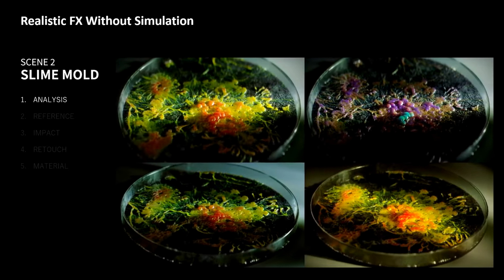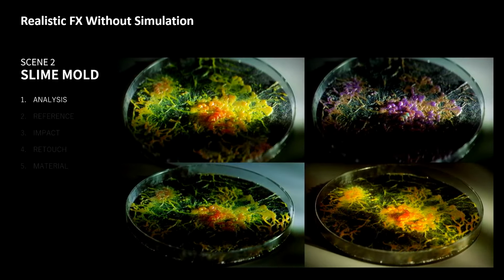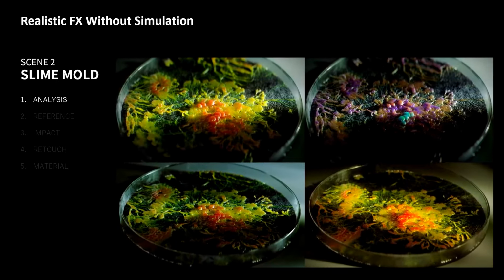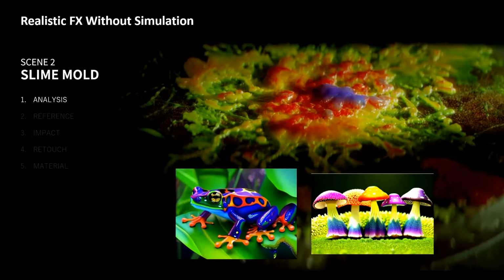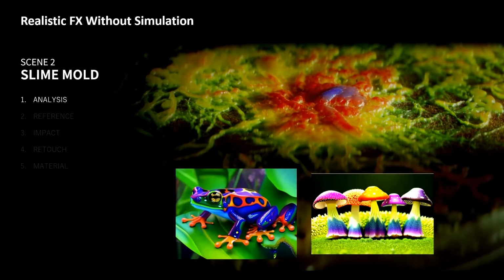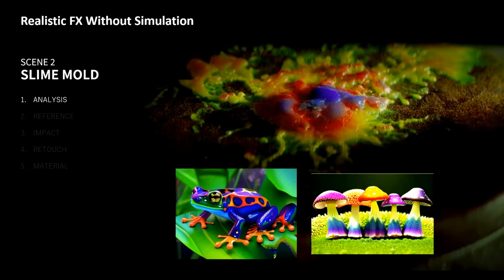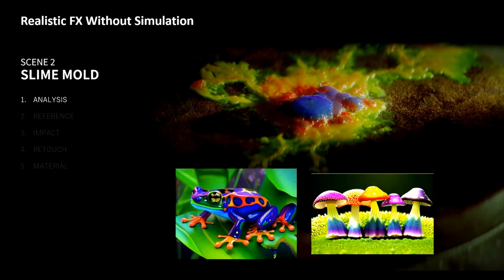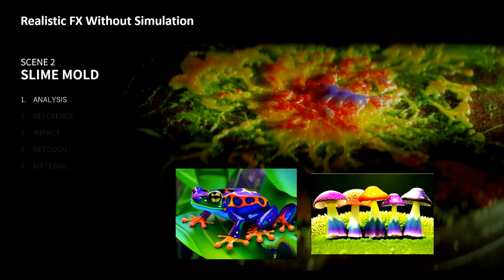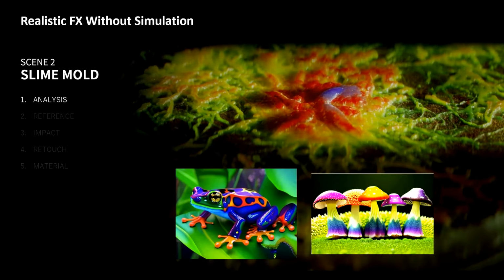After successfully creating the water drop interaction, I spent some time changing the color of the slime mold again. In nature, we don't see as many colors as in artificial objects. So I thought mixing rainbow colors into the natural fungus could make it look like it's poisonous and dangerous.